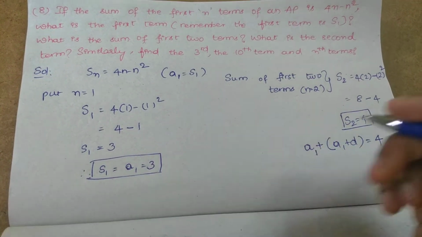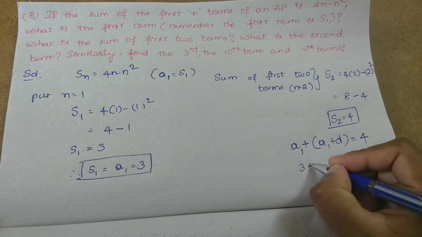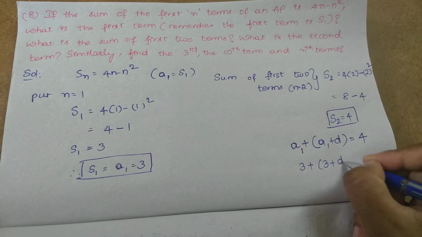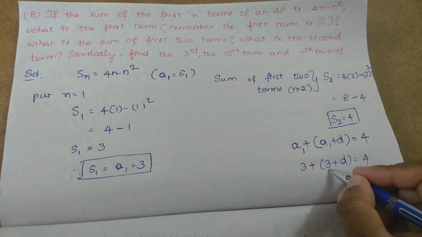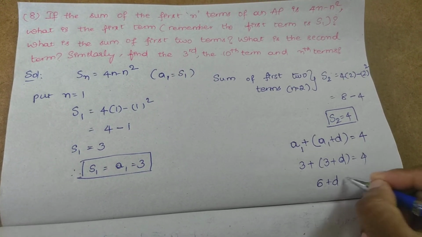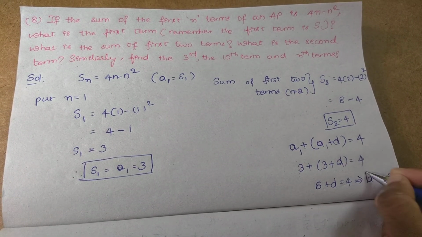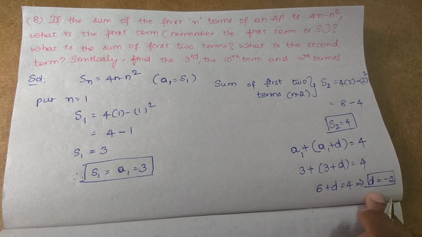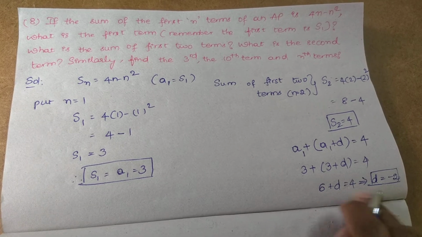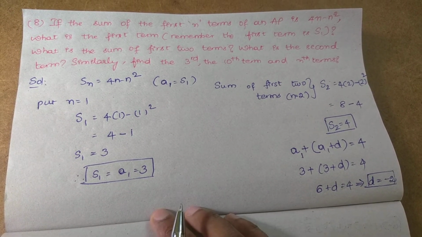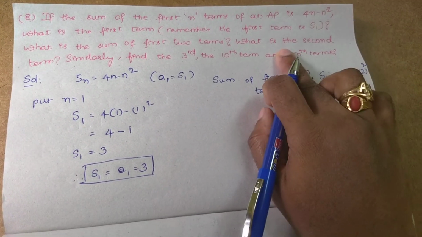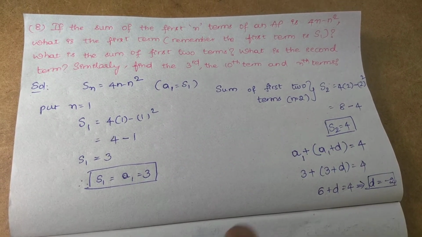What is the first term we got? We got it as 3. So 3 plus common difference equals 4. 3 plus d equals 4, that implies d equals minus 2. So we got common difference as minus 2 and the first term as 3.